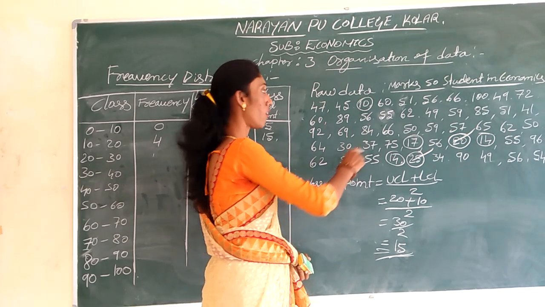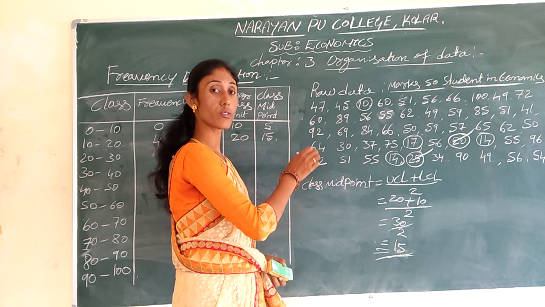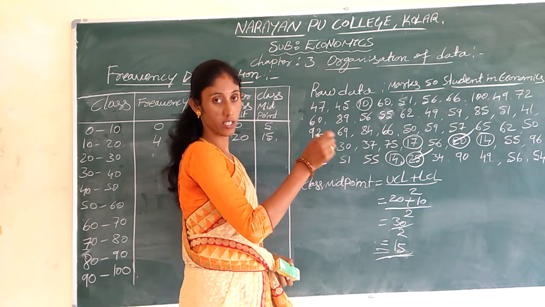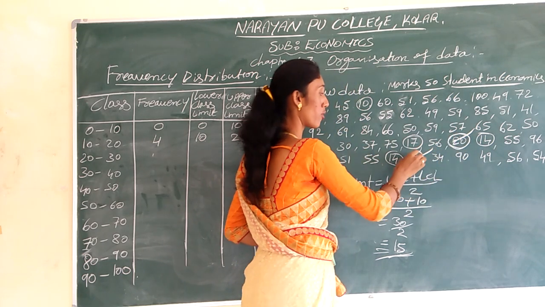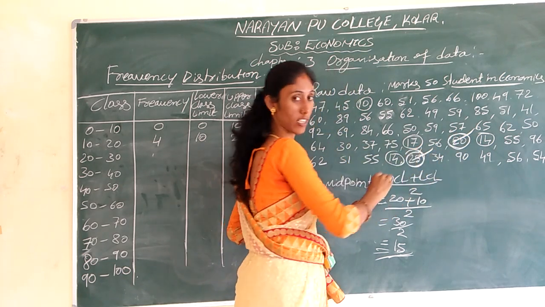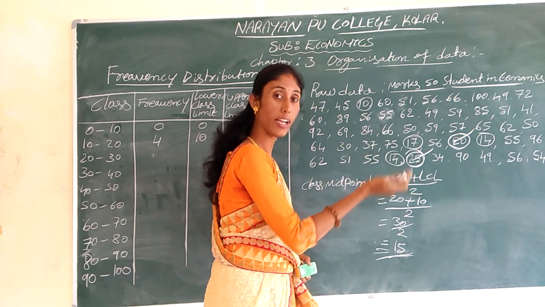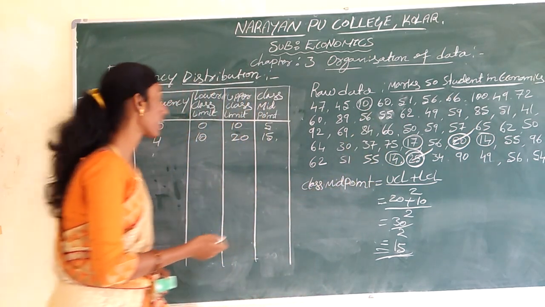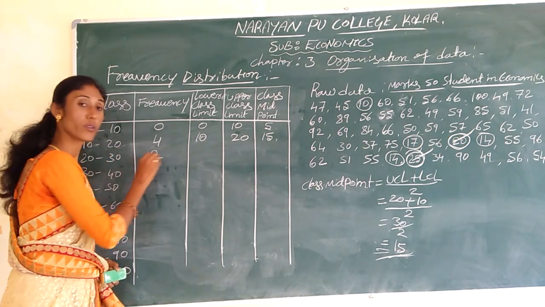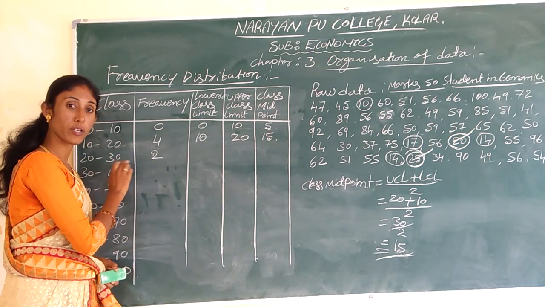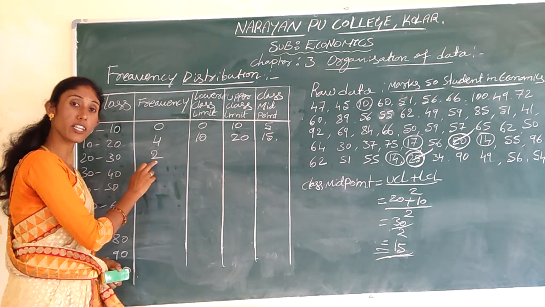After observing all these values, the values between 20 and 30 are only two: one is 20 and one more is 25. These values are more than 20 and below 30. How many values appear between 20 and 30? 2. Then the frequency is 2.